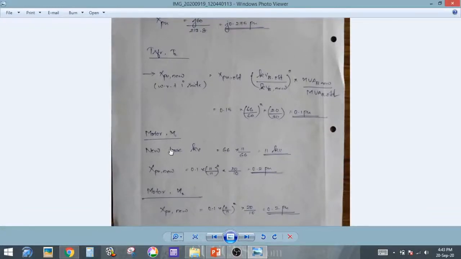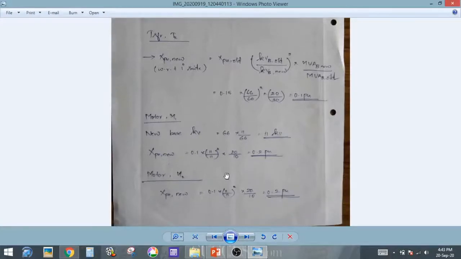In the previous case, the voltage is 11 kV, and for the motor M1, its voltage is also the same, that is 11 kV. For motor M2, the voltage is the same, 11 kV, but in the bus there is another component also, a transformer.